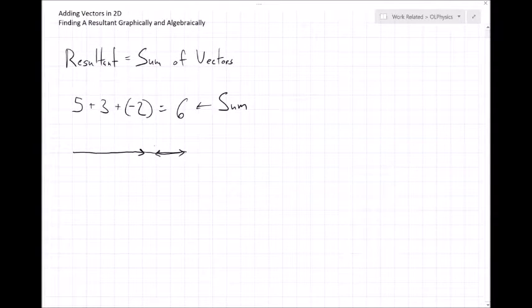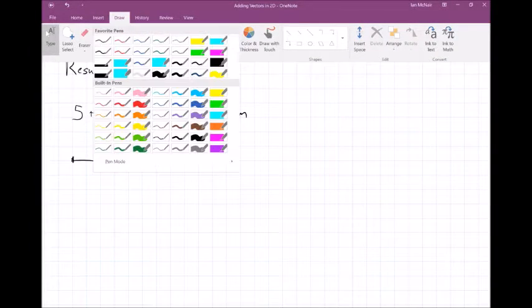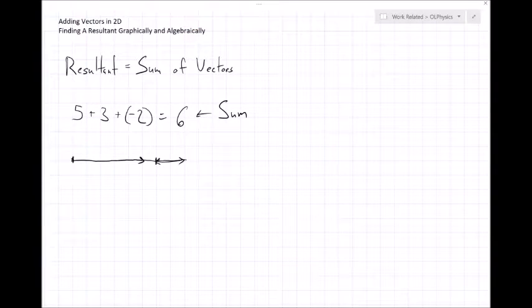Now we see that this vector ends right here on this line, and it started right here. That was our starting point. So if we were to draw a vector from our start point to our end point, that would get us a vector that goes all the way like this. And this vector, if we count the units, is 1, 2, 3, 4, 5, 6 units long.